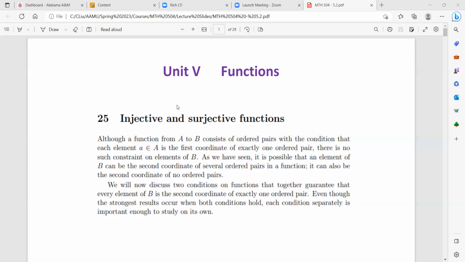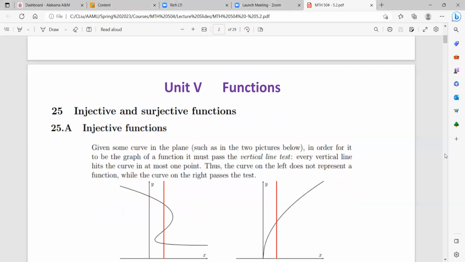That's called one-to-one. And then we have these two cases, and we all learned this before, but we also call one-to-one as injective and onto as surjective. So these are all different terms. So we're going to discuss each of those separately. We start from injective functions.